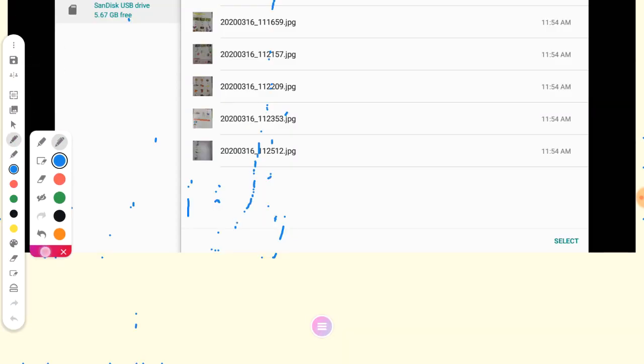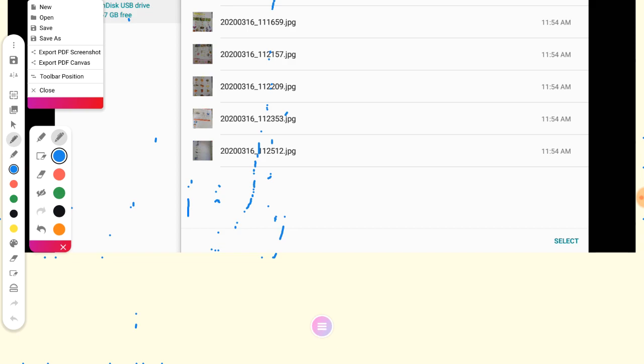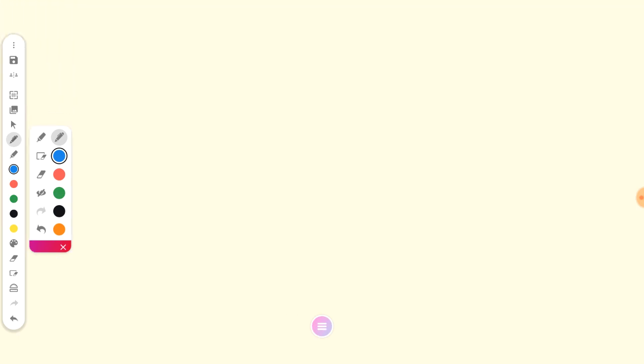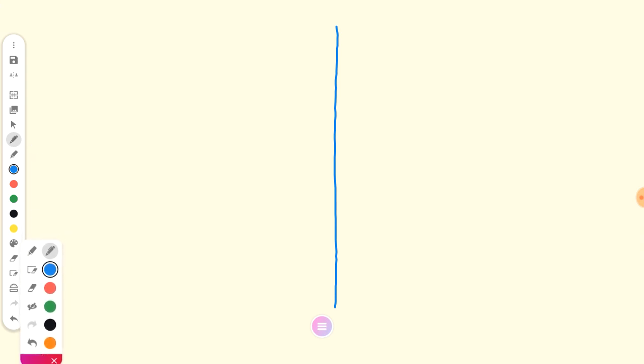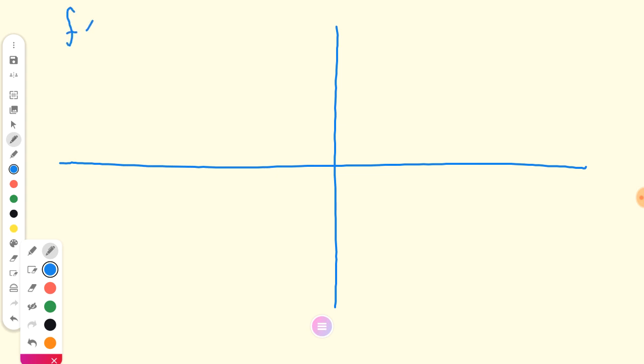Let's remind you of something first. I'd like to remind you of the sketches of some functions. Look here, 1 over x. It is a reciprocal function.